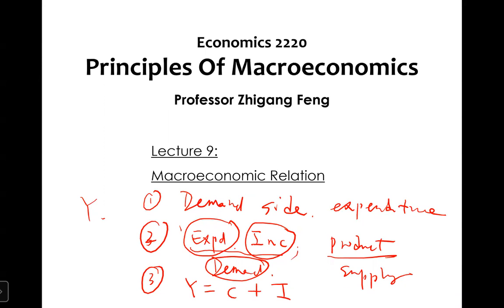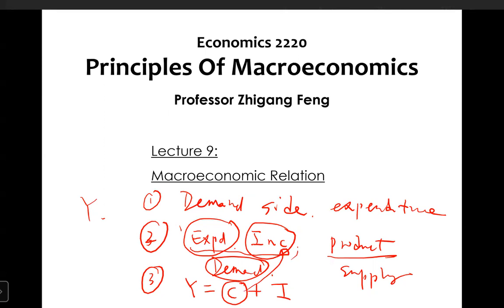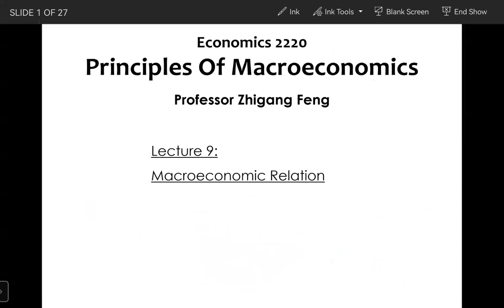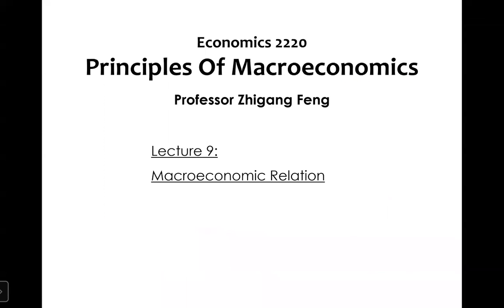But then we are going to see that C, consumption, is going to be a function of income. To summarize, Y on the left-hand side is the total expenditure, equal to C, which is one expenditure, and I, which is another expenditure.